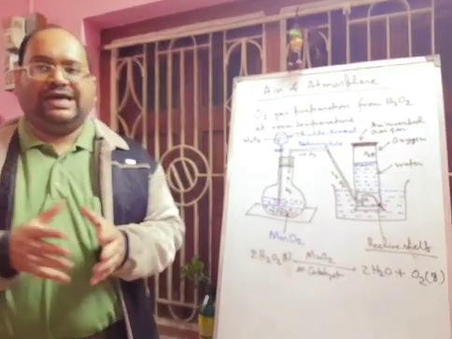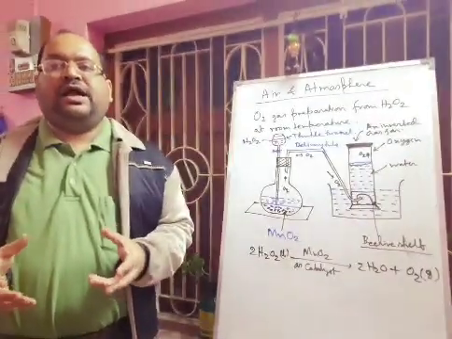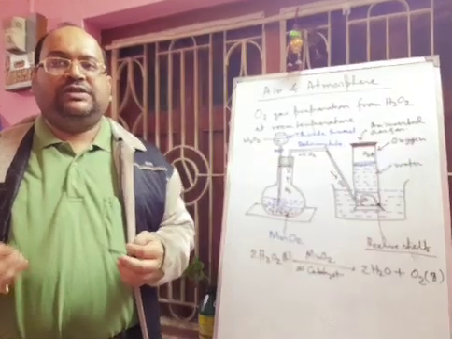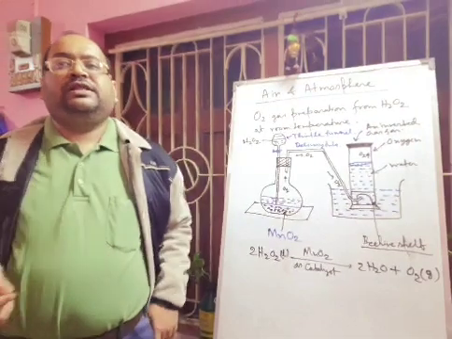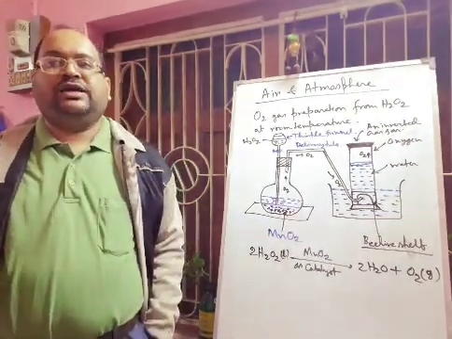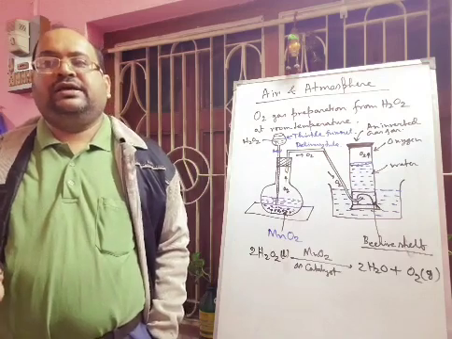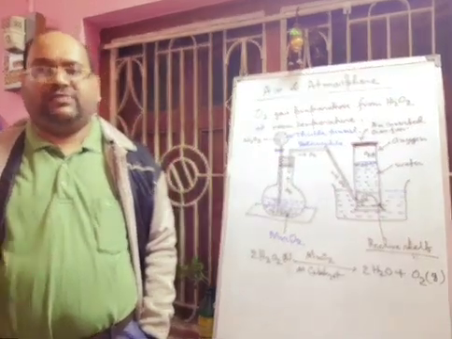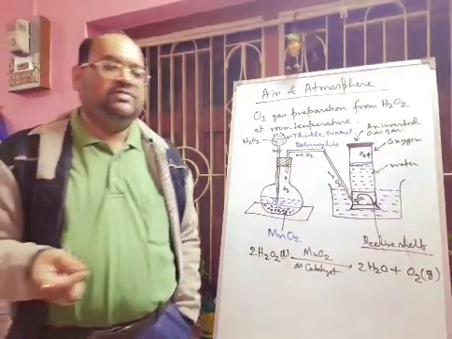In your book it is written that you have to take a piece of magnesium and a crucible with a lid, and first weigh the magnesium. Then burn the magnesium in the presence of air, and cover the lid. Before and after, you have to take the weight of the crucible with magnesium, and after burning with magnesium oxide.